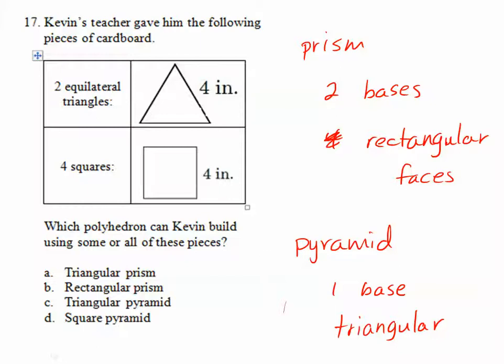So we know we don't have a bunch of triangles and just 1 of something else, so the pyramids are out. So 2 bases, and then we need rectangular faces to go with them. So if we use the 2 equilateral triangles as our 2 bases, then we could use 3 of the squares to connect the 2 bases. So our answer is a triangular prism.